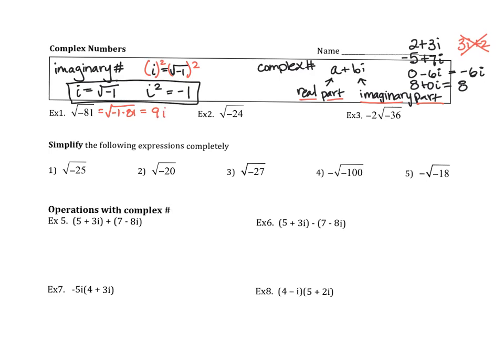We're going to write that as 9i. You would not write the i in front with the 9 behind. We would write the 9 in front as a coefficient and i behind. The square root of 81 is the 9, and the square root of -1 is the i. i is equal to the square root of -1.